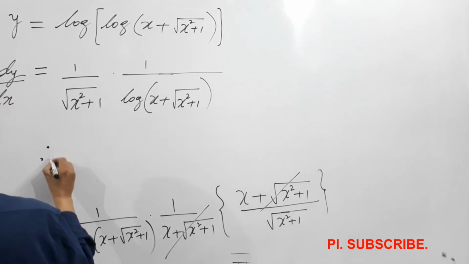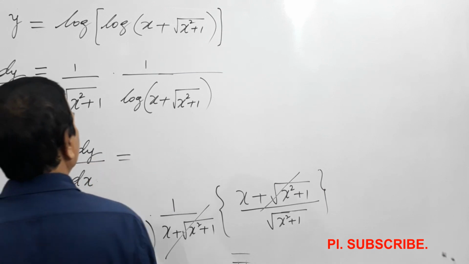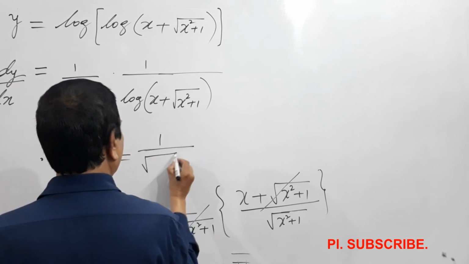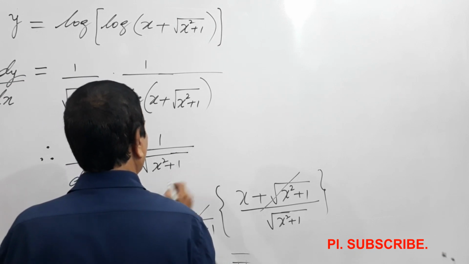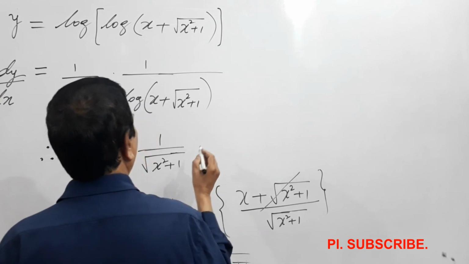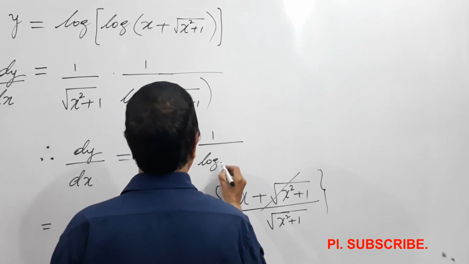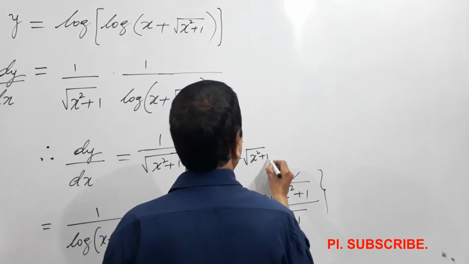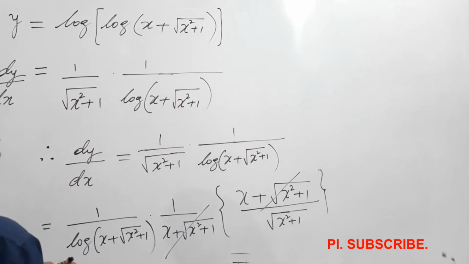Therefore dy by dx equals 1 by under the root x square plus 1 into 1 by log of x plus under the root x square plus 1. This is the required answer.